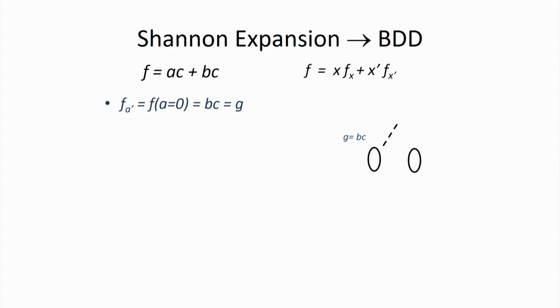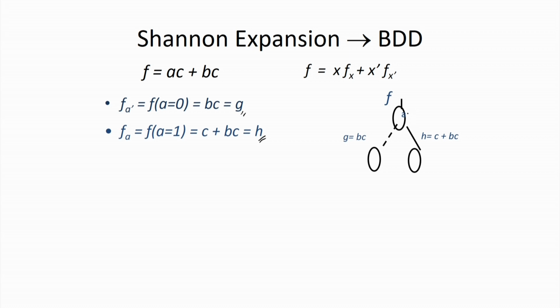Now, let us look at the construction of the BDD. If we have the same function f equal to AC plus BC, then f with a equal to 0 is equal to BC, and we said this is the function g, and when a is equal to 1, f of a equal to 1 is equal to c plus BC, which we call the function h. Now, a can have value 0.